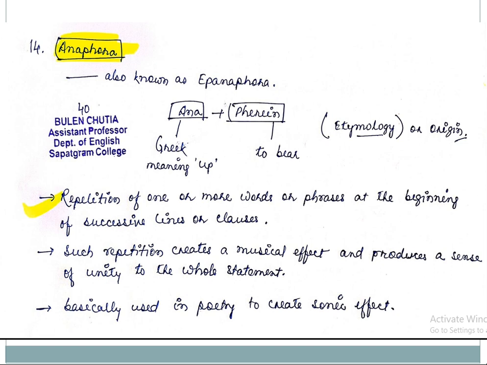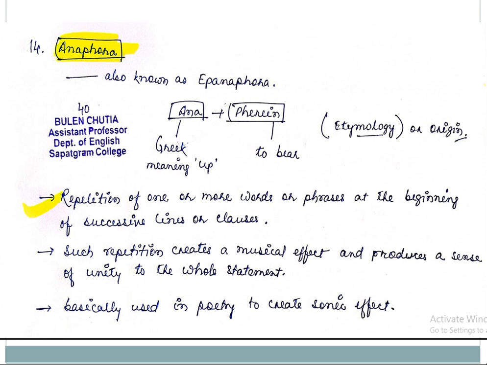It is not so important from the examination point of view, but try to remember. Sometimes if the question asks you to describe, you have to write these things as well, so that your answer can be prolonged. Another term for anaphora is epanaphora. Try to remember that also.